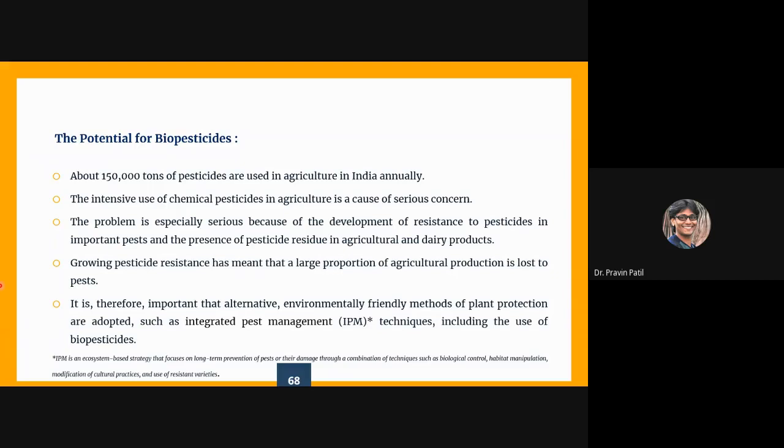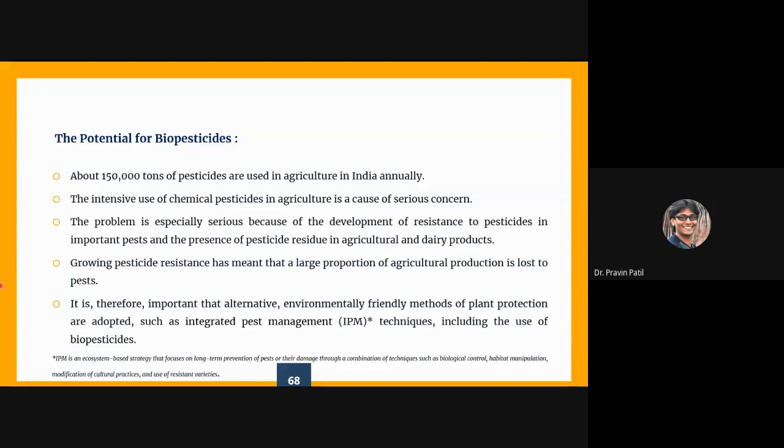Pesticide can be replaced with biopesticide. Of course, there is an option. The intensive use of chemical pesticides in agriculture is causing serious concern. The problem is especially serious because of the development of resistance to pesticides. Farmers start spreading the pesticides this year, the second year, and then the year after that. In between, the pests which are present start developing resistance against that particular pesticide, and we keep putting that pesticide on the ground.